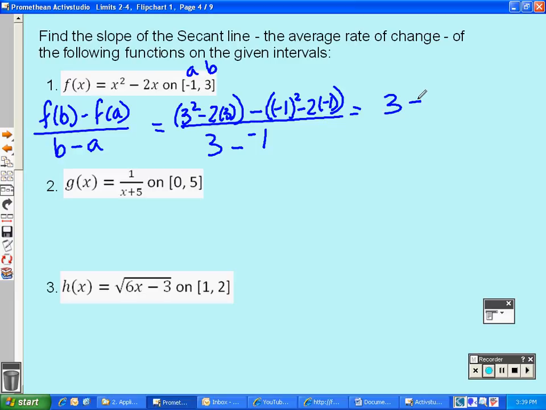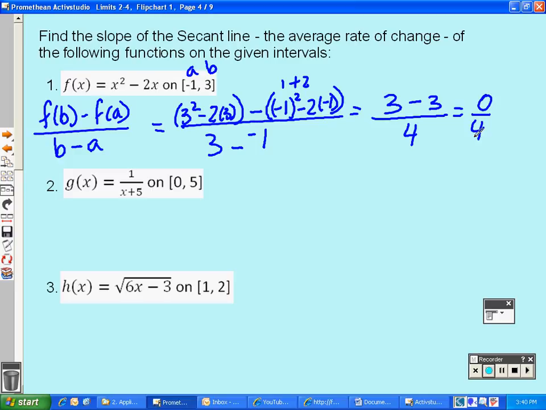Minus, let's look in here, we've got 1 minus 2 times negative 1, so that becomes plus 2. So this is 3 minus 3 over 3 minus negative 1. 3 minus negative 1 is 4. So this looks to be 3 minus 3, which is 0, over 4. So according to this, the slope of the secant line from negative 1 to 3 is going to be 0 here.